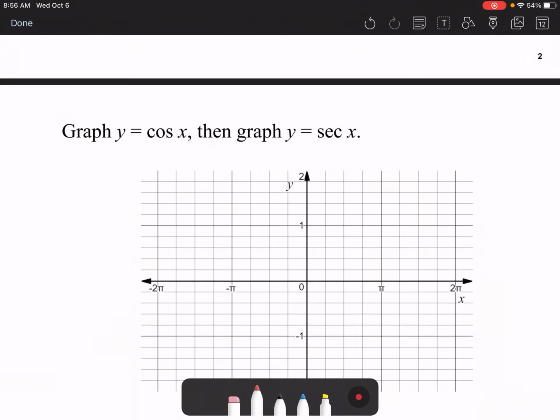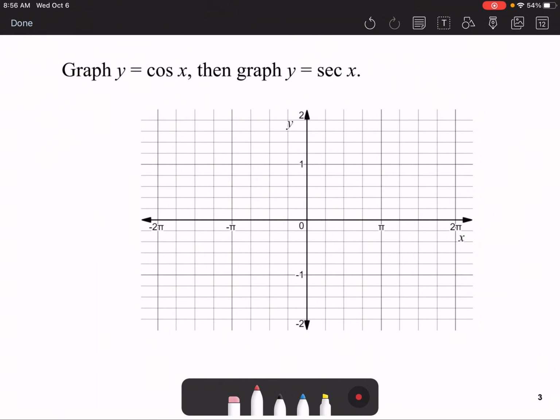Now remember, sine and cosine are just 90-degree translations of each other. So cosine usually starts at the point (0, 1), has a zero at pi over 2, a minimum at (pi, negative 1), comes back up to 0 at 3 pi over 2, and has a maximum again at 2 pi.